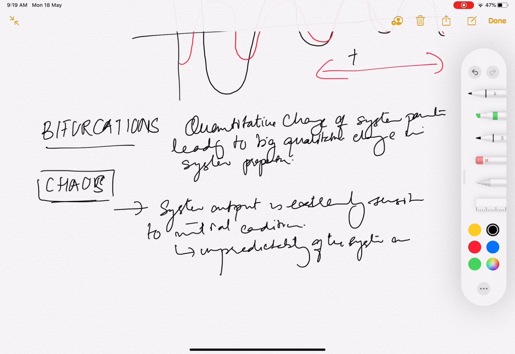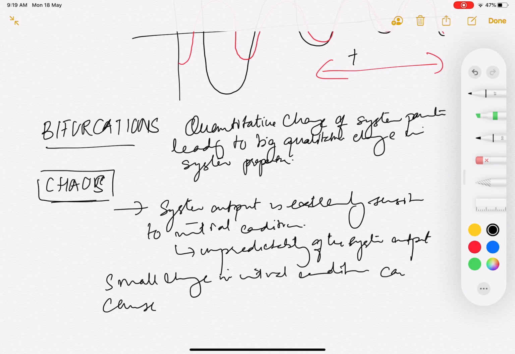This is opposed to linear systems, because in linear systems a small change in initial conditions can cause a small difference in output.